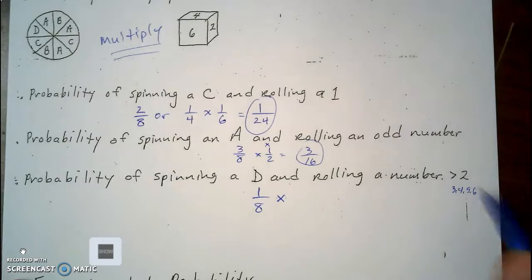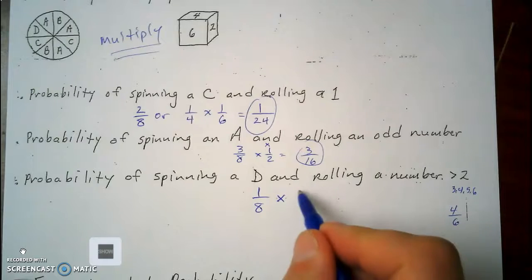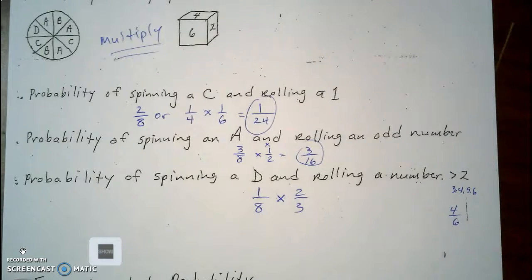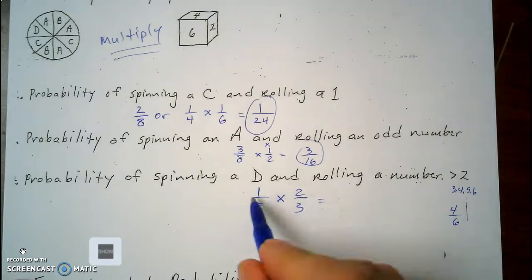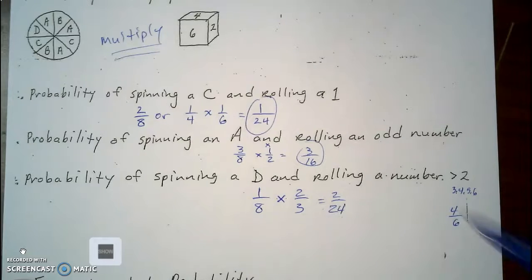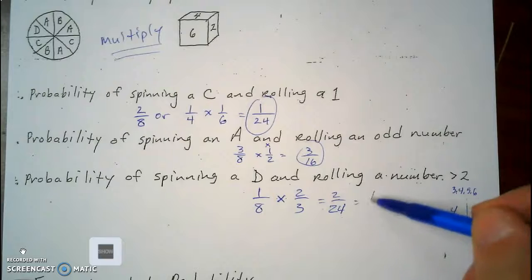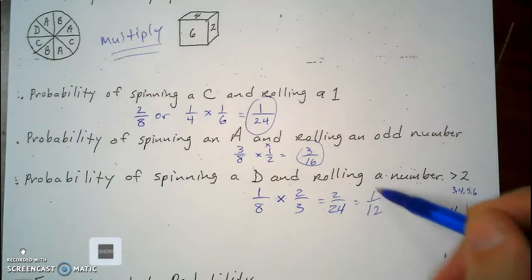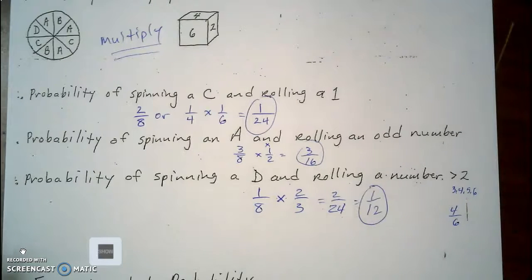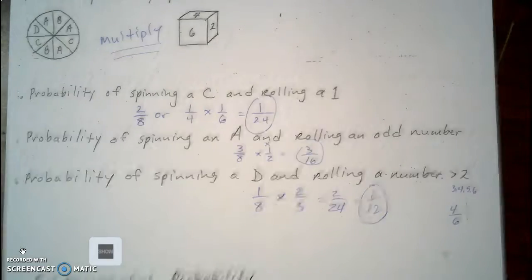That's 4 numbers. 4 out of 6 simplifies to 2 out of 3 chance. And multiply, like I've been doing. Numerators, 2, denominators, 24. Now this will simplify. I can make that 1/12. So long story short, multiply your 2 probabilities for compound probability.